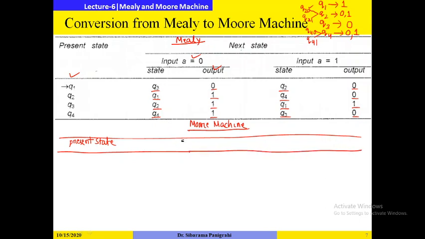Now here let me write the next state. So next state will be dependent on the present state and current input. So A equal to 0, A equal to 1. Whereas in case of Moore machine, the output only depends on the present state. So here let me write output.